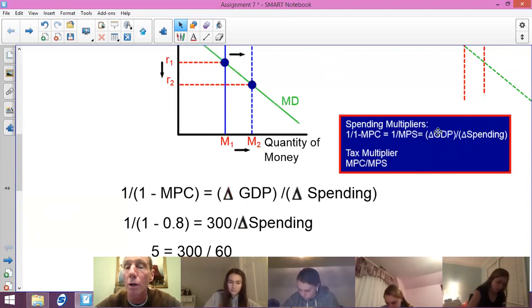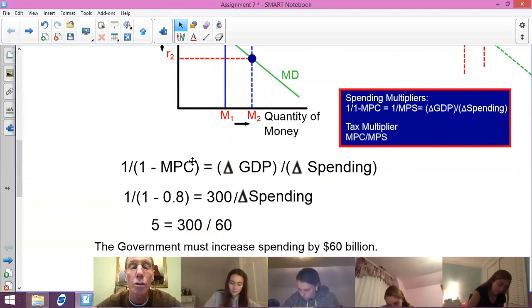So this is one of your multipliers. We're going to put in the numbers because we were given that the marginal propensity to consume is 0.8. And we know that they want to change the GDP by 300 billion.